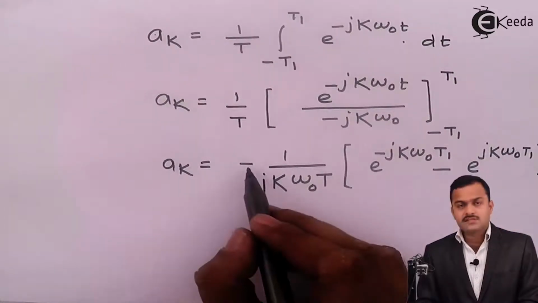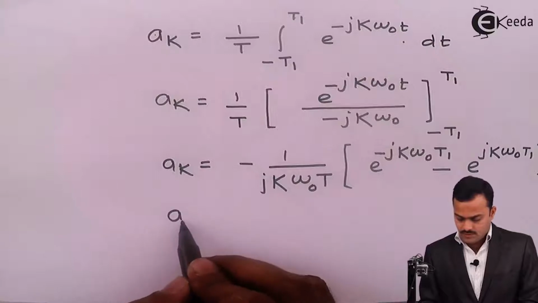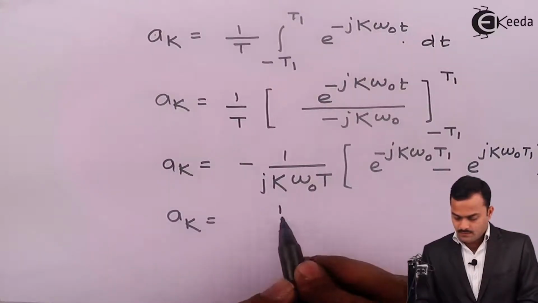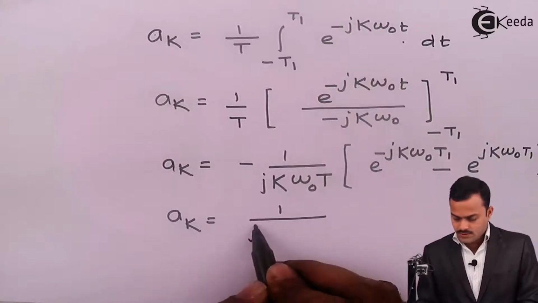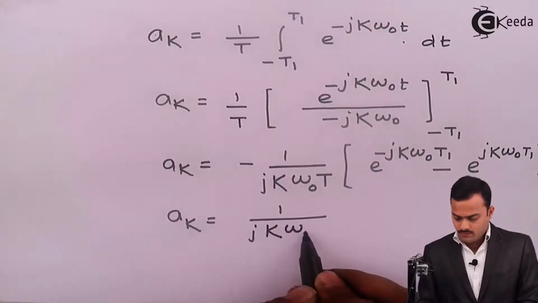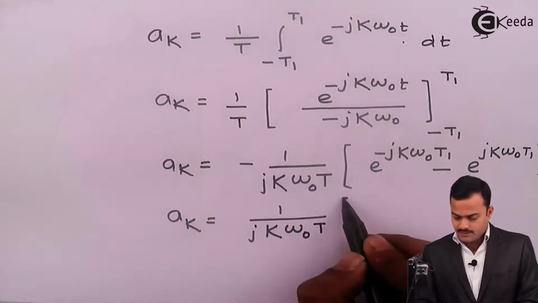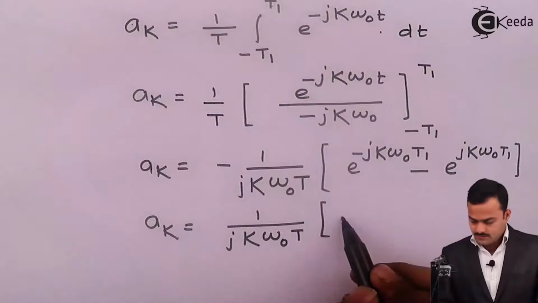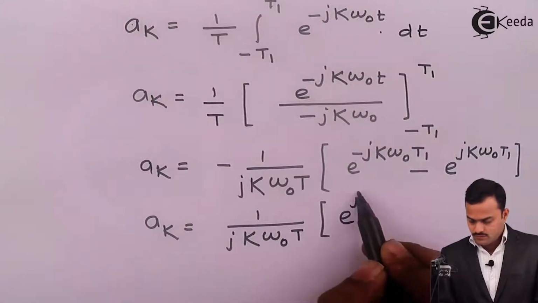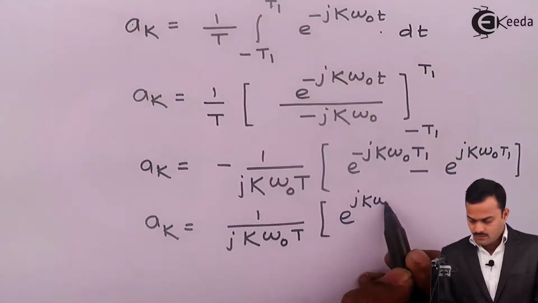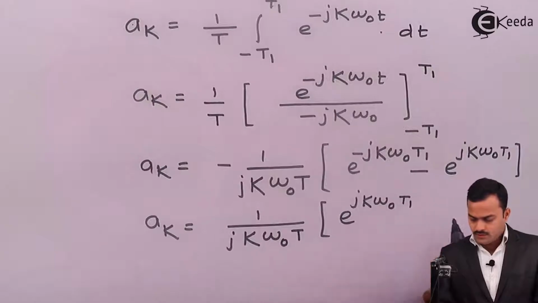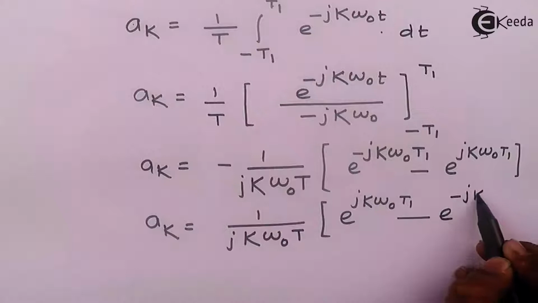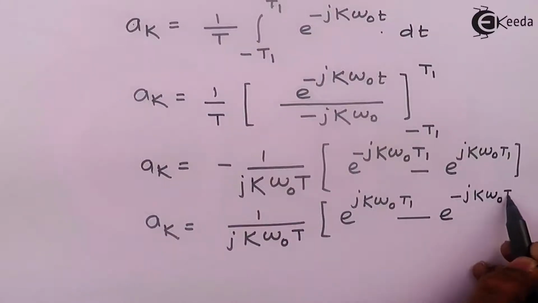Now I will adjust this minus term so that a k will be 1 upon j k omega 0 capital T inside bracket, e raised to j k omega 0 T1 minus e raised to minus j k omega 0 T1.